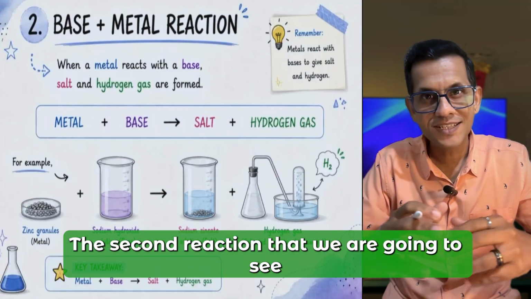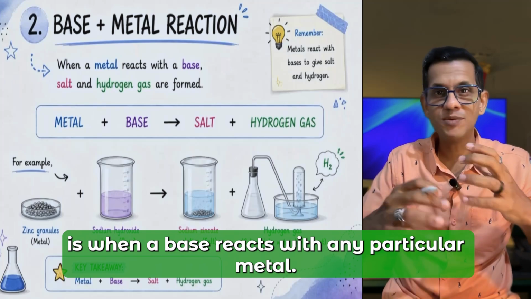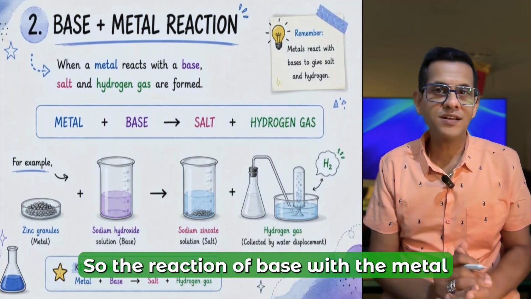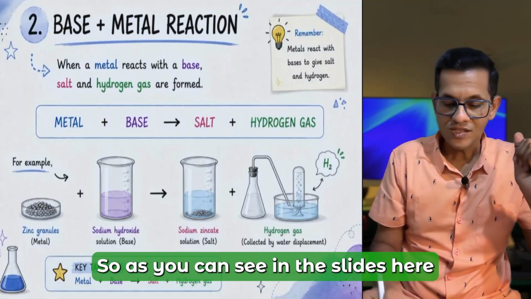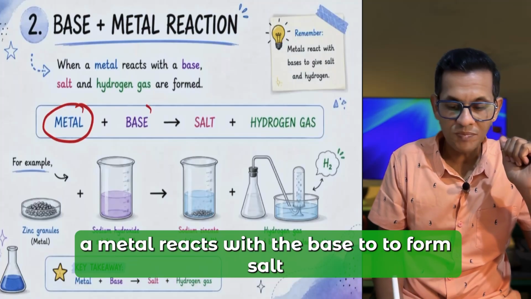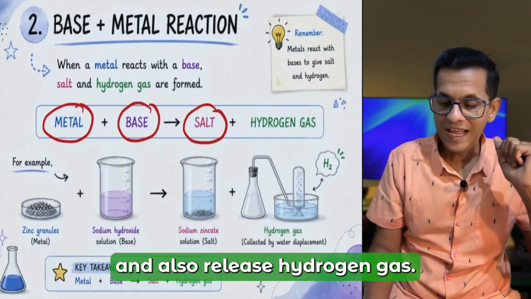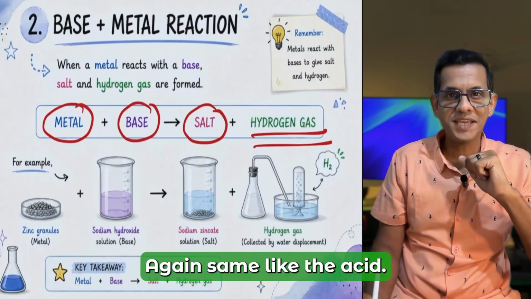The second reaction that we are going to see is when a base reacts with any particular metal. The reaction of a base with a metal is very similar to the reaction of acid with metal. As you can see in the slide here, a metal reacts with a base to form salt, just like the acids, and also releases hydrogen gas, again same as the acid.